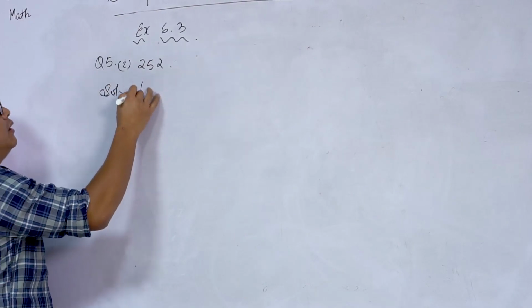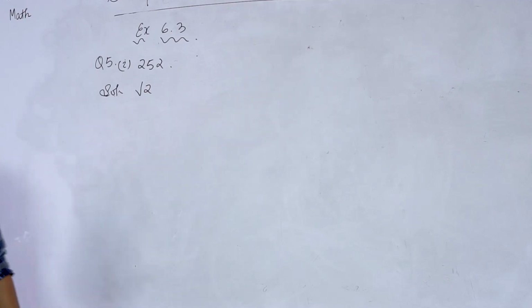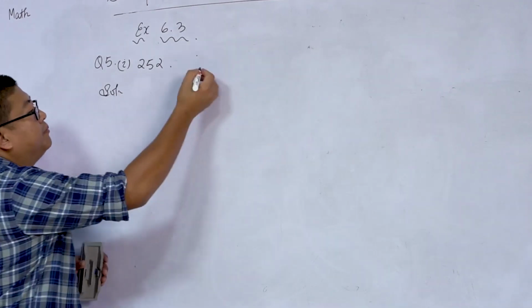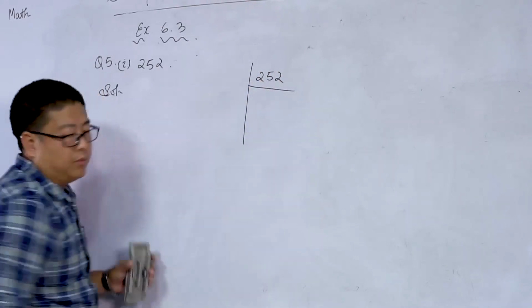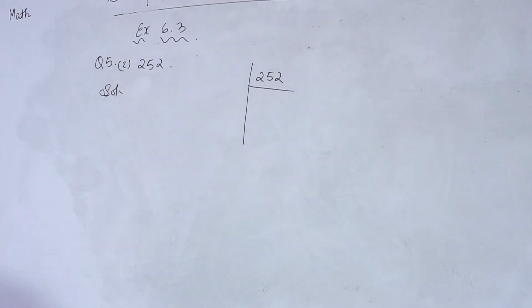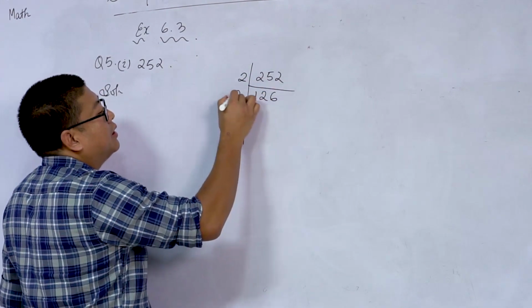Solution. So we are going to first factorize them. 252, we will first factorize. We'll start with 2, 2 ones are 2, 2 twos are 6.